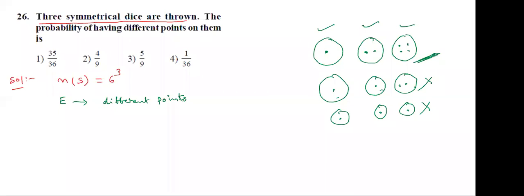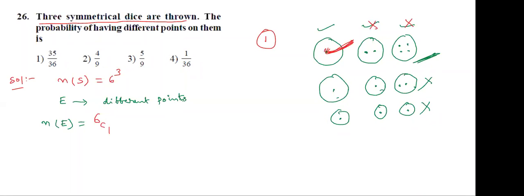Follow this case. Now N of E. In each die, how many points are there? There are 6 points. Now I am going to select the first die. In first die, there are 6 points. Out of 6 points, 1 point can be selected. That number 1 cannot be obtained in second and third.